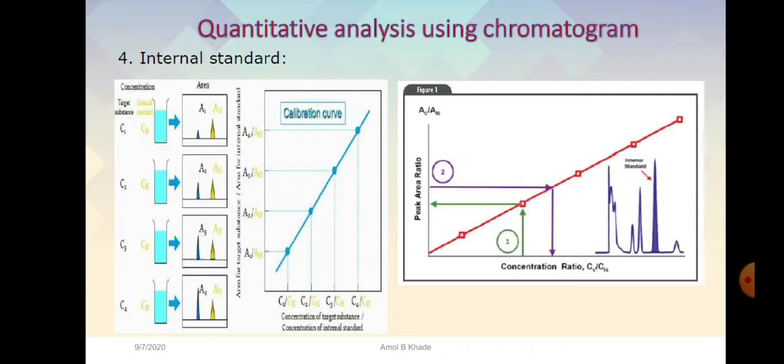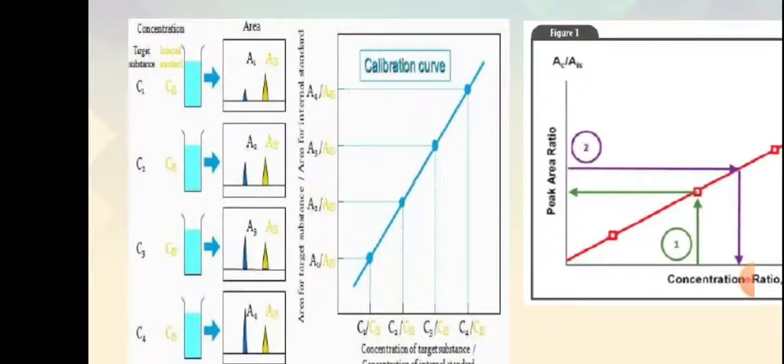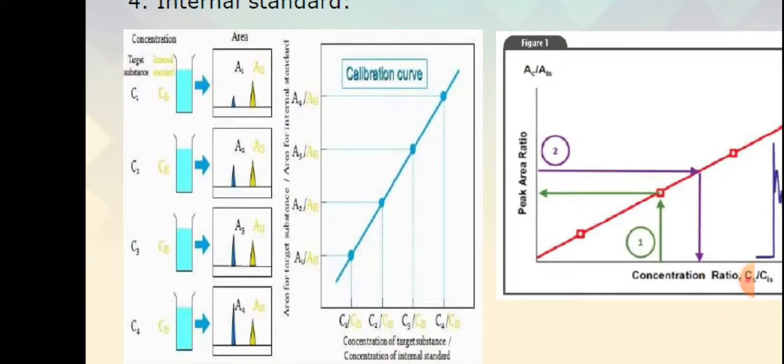Now this particular figure illustrates the internal standard method. As I told you, let's say we have prepared 4 standard dilutions, C1, C2, C3 and C4. These are the known standards.